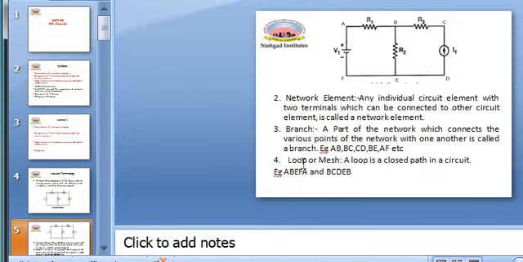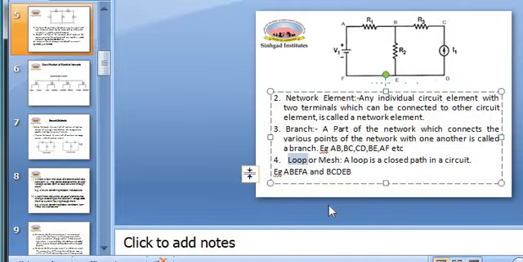For a loop, it is necessary that when any branch of the circuit is removed, it shouldn't remain a closed path. So when solving numericals, we have to identify first the number of loops, not the meshes. For your syllabus, the loop is important.